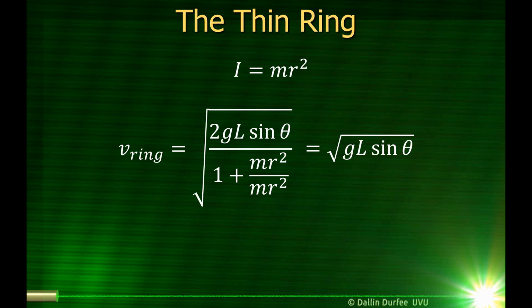So the thin ring will be going a factor of root 2 slower than if it just slid down the ramp. And that makes sense because we have put some of the kinetic energy into the rotational kinetic energy, which means there's less energy left over for translational kinetic energy, so you expect it to be going at a slower velocity.